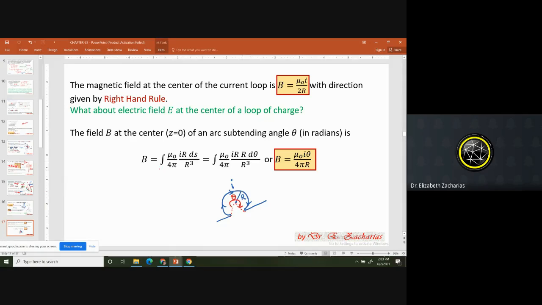So what we'll do is, again take the Biot-Savart equation, the same equation. And here we are just going to make a small modification. What is ds? ds is an arc length.